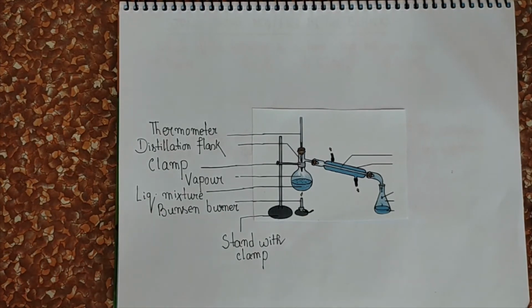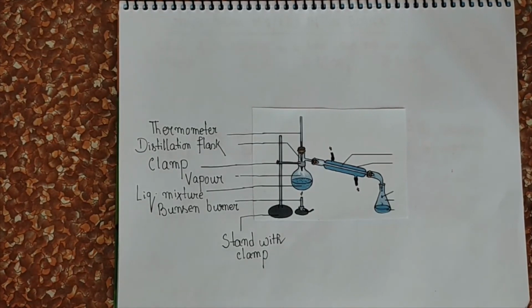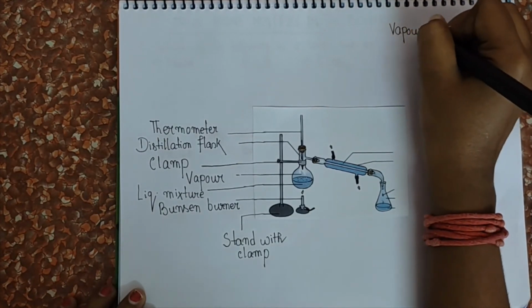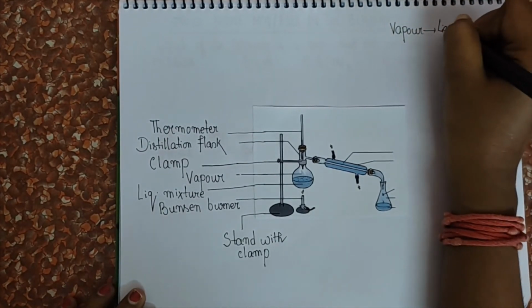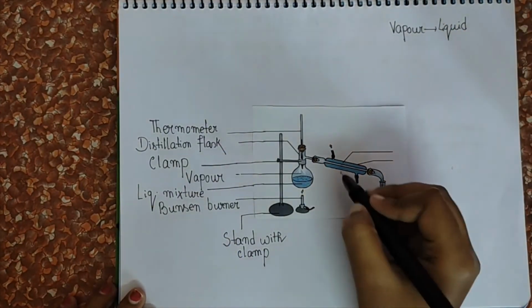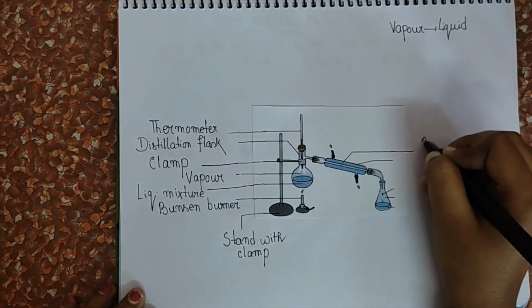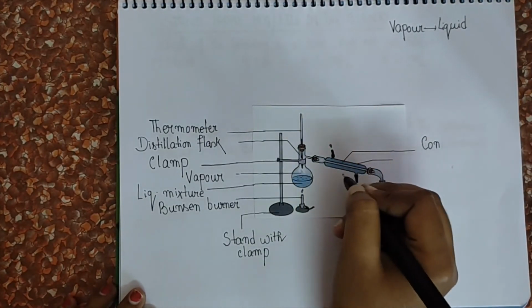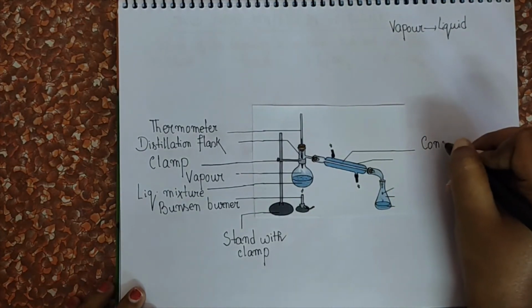So we have to convert it into liquid state. Vapor to liquid is known as the condensation process. That is why a condenser is required, and this one is the condenser. In this part, the vapor coming from the distillation flask will be condensed to its liquid state.